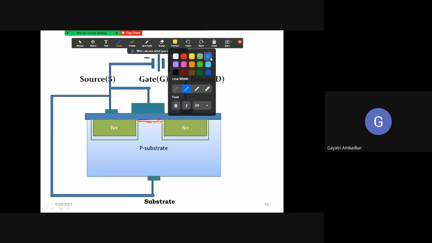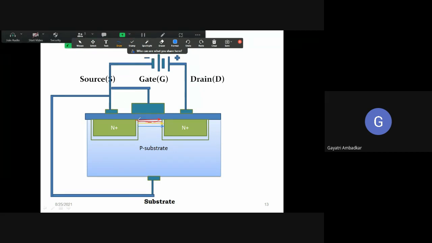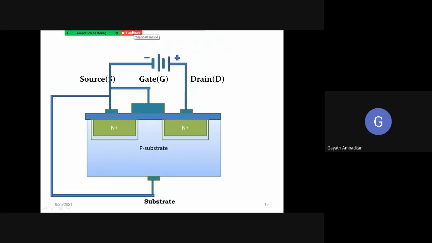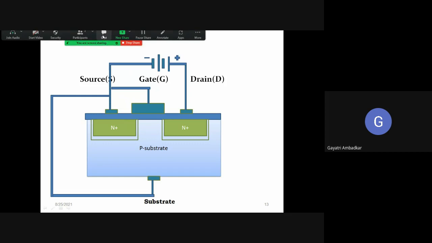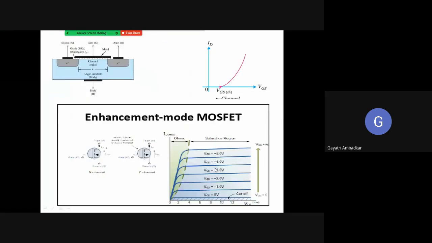If you increase the gate to source voltage still further, you see this much width is available. Previously this much width was available, in the second case it increased, and in the third case it increased again. Similarly, eventually your ID will also increase. So the more positive you make your gate, the more electrons will be attracted, the larger will be the width of the channel, and therefore the larger will be the drain current flowing.